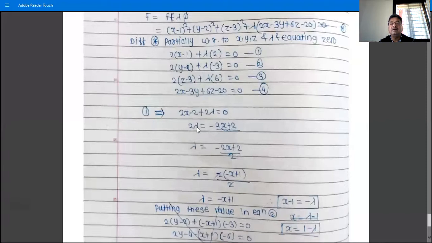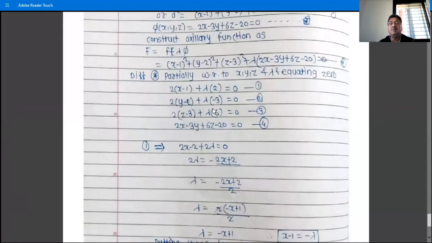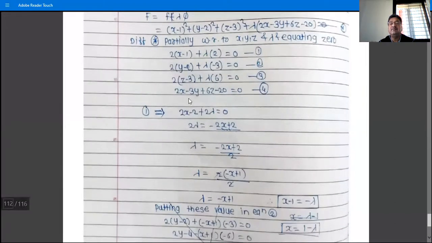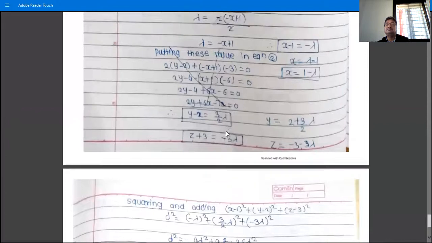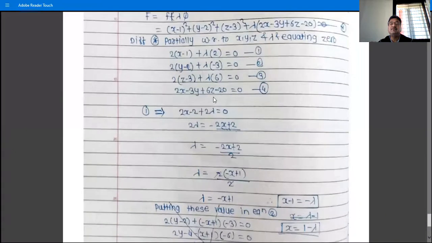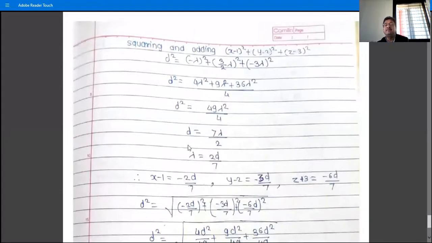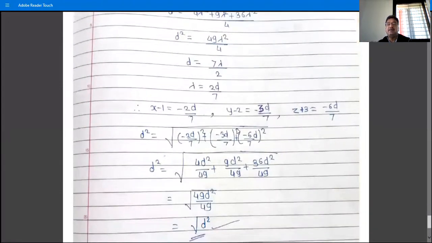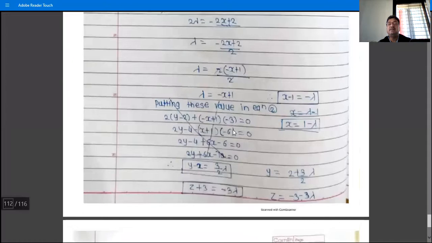Then from equation 1 we have the value of x, from equation 2 the value of y in terms of lambda, then find the value of z from equation 3 and substitute in equation 4. We get the value of lambda, and then substitute that lambda in these values of x, y, z to get the values of x, y, z.